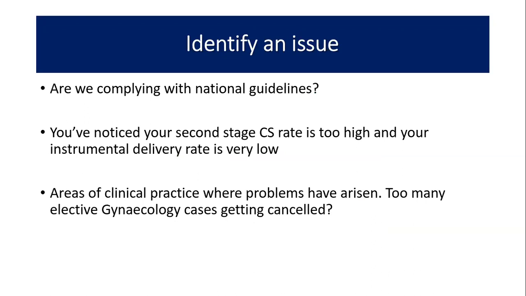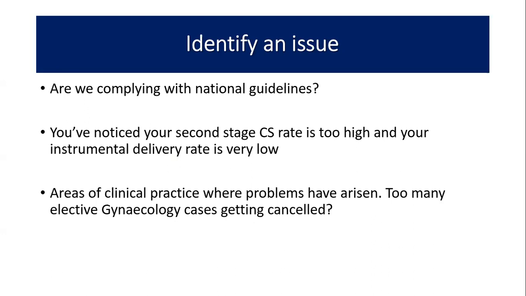You look at national guidelines and you ask yourself, in your practice, are you complying with national guidelines? Or maybe you've noticed problems. For example, if you notice that your second stage cesarean section rate is too high and your instrumental delivery rate is very low, and you've been talking about it, why don't you institute an audit and look into it and see what is happening? Why are you having high second stage cesarean sections and what can you do about it?